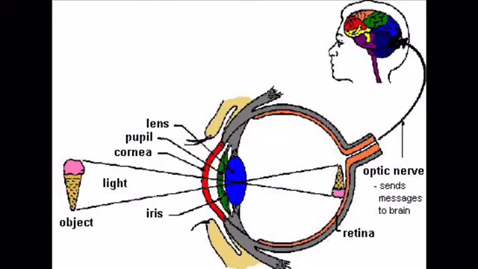The cornea bends the light rays through the pupil, the dark opening in the center of the colored portion of the eye. The eye lens converges all the light rays on the retina and an image is formed on the retina, real, small and inverted.